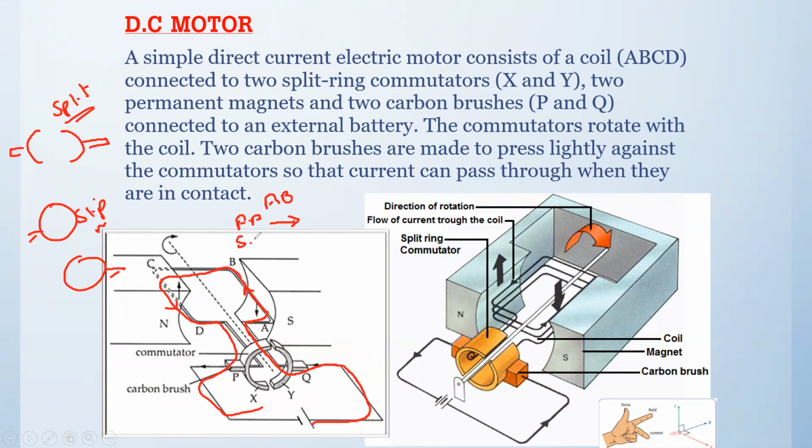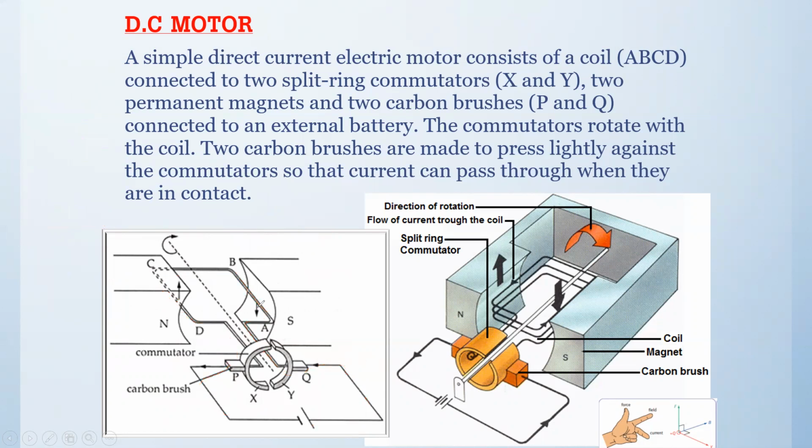The second finger represents the direction of the current, which is into the page. Where the thumb is pointing, that is the force. So you'll find your thumb will point downward. So force is downward. As a result, when this side force is downward, the other side force is upward. So this coil will start to rotate.